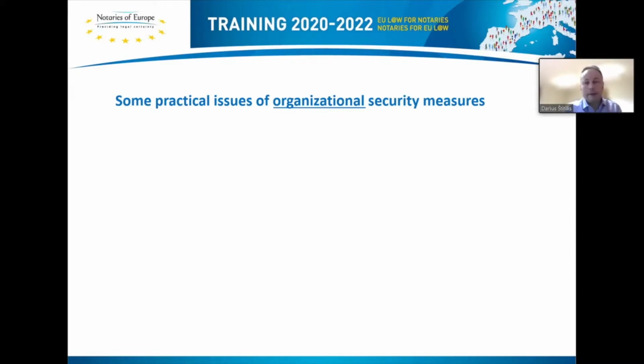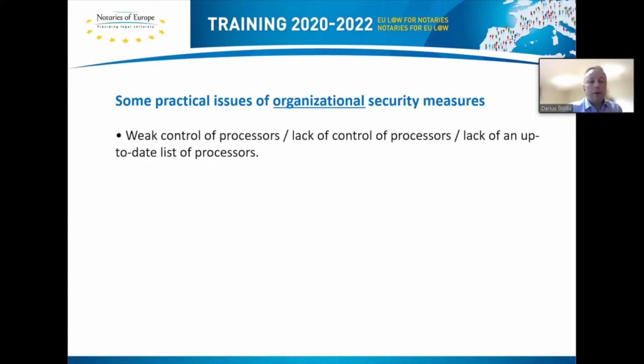So let's discuss practical examples, and I think it will be much more clear. For example, weak control of processors, lack of control of processors, or there are no agreements with data processors, failure to conduct cybersecurity training.